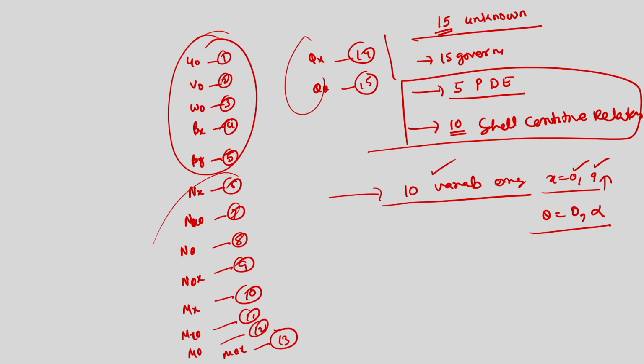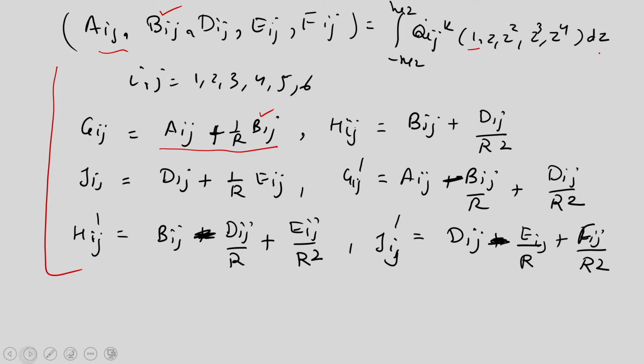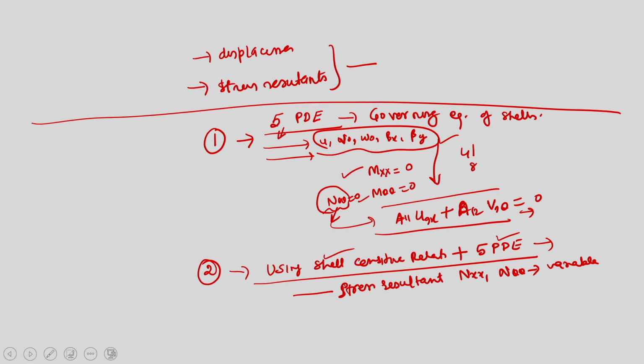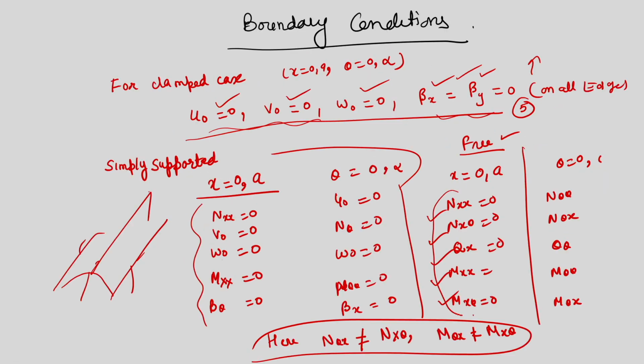For example, if somebody asks me to choose, I will say that along x equal to 0 and a, I will take these 5 variables as primary variables plus 5 displacement variables. Similarly, along theta I will take these 5 variables.